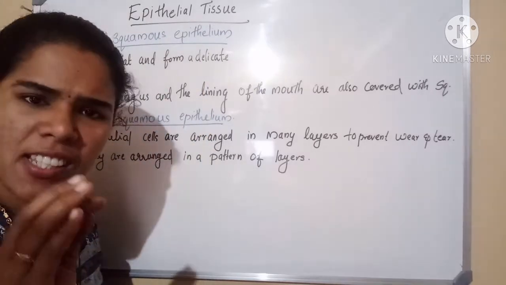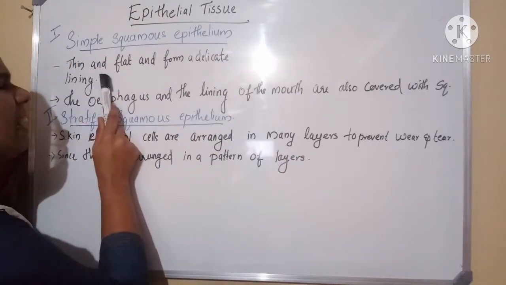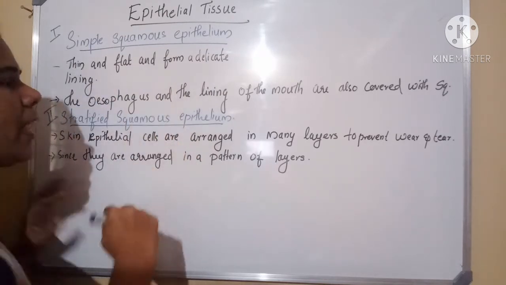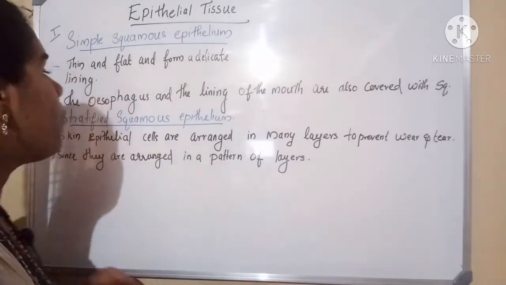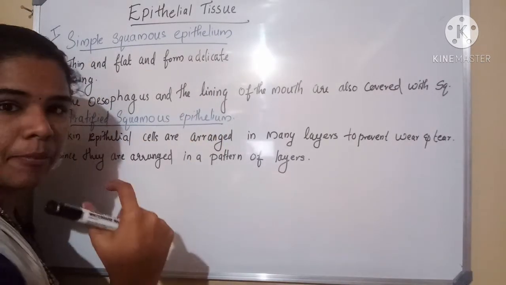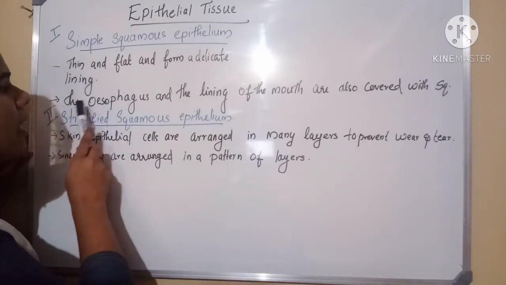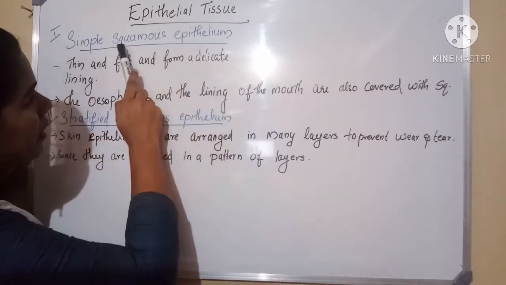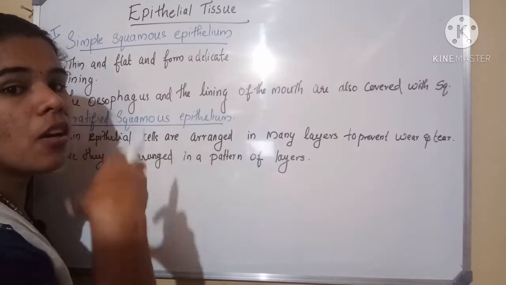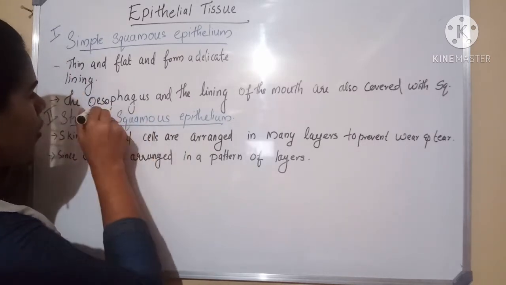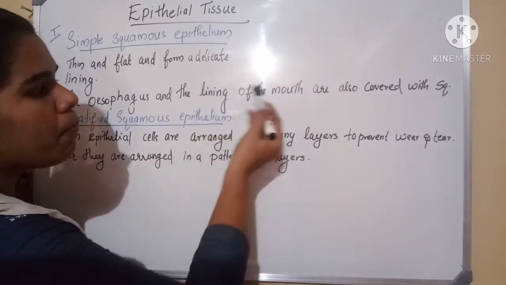Simple means very simple in structure. Simple squamous epithelium is thin and flat and forms a delicate lining. It's very thin and flat, very weak and easily breakable. The simple type of squamous epithelium is mainly seen in the esophagus, where the food we eat passes, and the lining of the mouth.